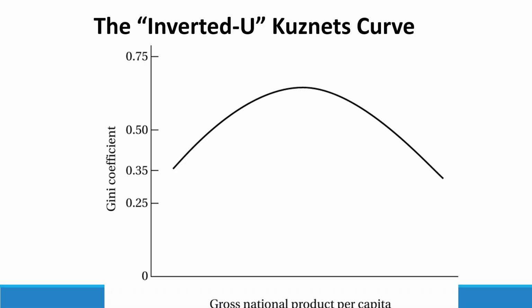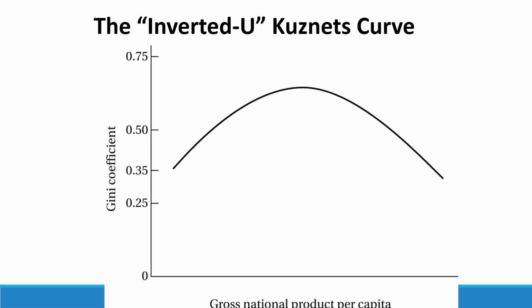So in the start, when the Gini coefficient is increasing, so is your gross national product per capita. So inequality is very good in the beginning, very positive, and it grows. And after a certain time, it will then negatively affect your economic growth. So it was a very good hypothesis.